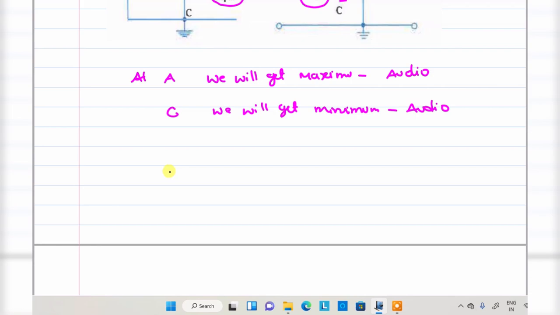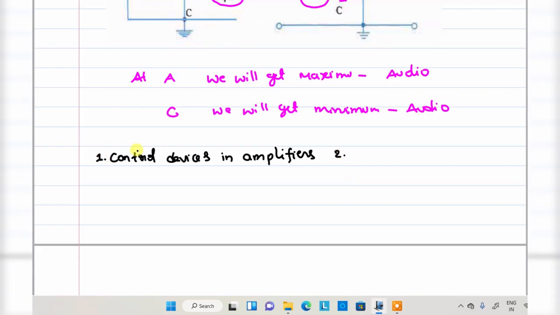From the examination point of view, we need to remember the applications of the potentiometer. The applications are commonly used in very important control devices, where everyone note down control devices in amplifiers. Okay, this is the first one. Second one, TV sets.